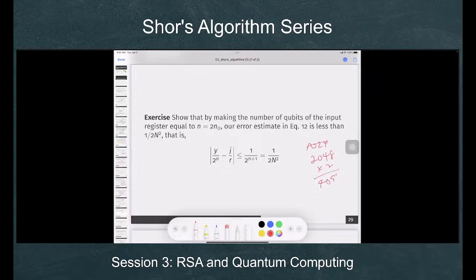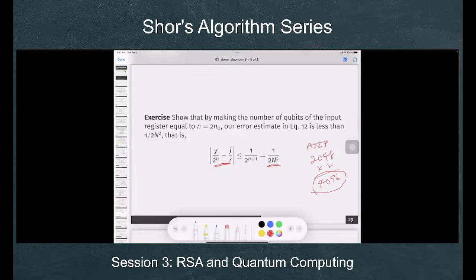So if we have this number of qubits in our input register, then the estimated error, the absolute value of the difference between them, is less than 1 over 2 to the n squared.